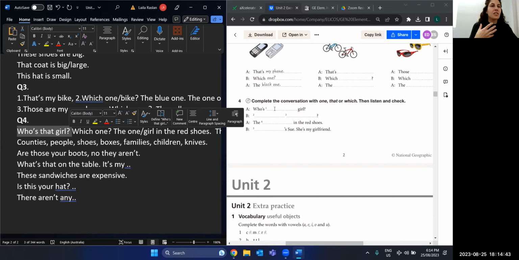Number 4, mobile phone. We don't say cell phone here. That's American. 5, gloves. 6, knives. Good. Furniture. I hope you've all done that. We won't go through it.